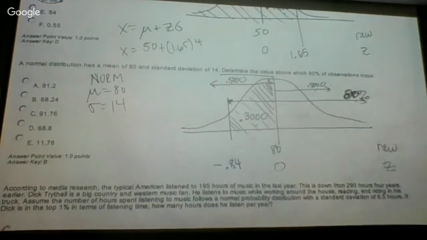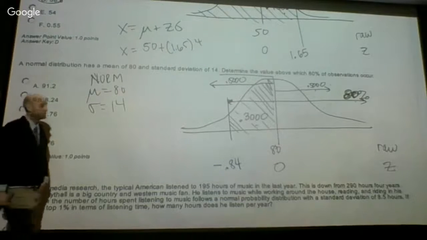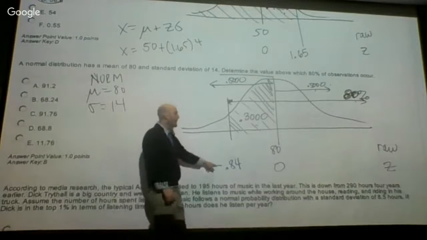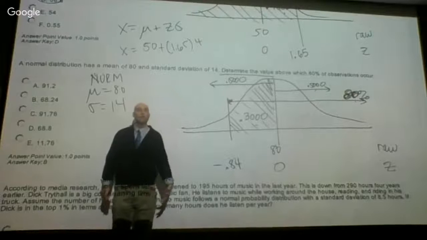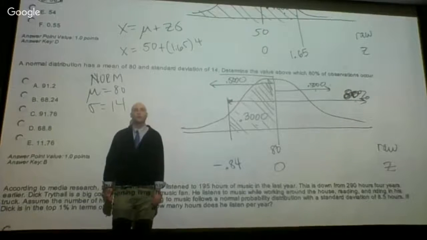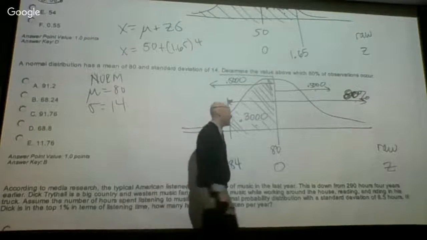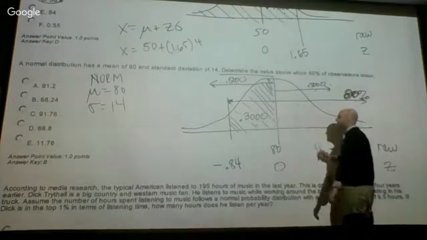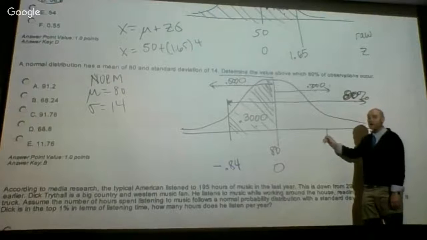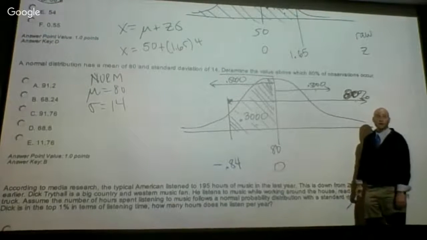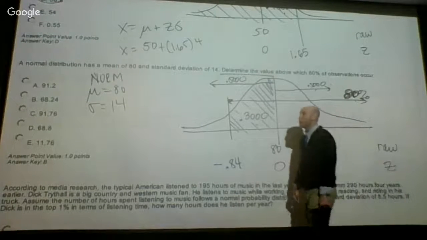That's real huge right here. If I use a positive value for my z-score, when I use the next formula, it's going to give me a raw score greater than 80, which is the wrong answer. My raw score should be less than 80.